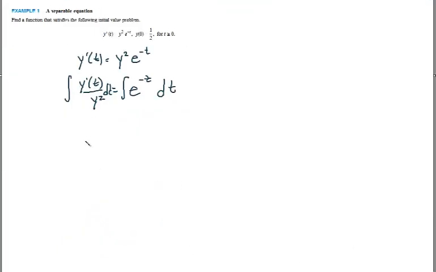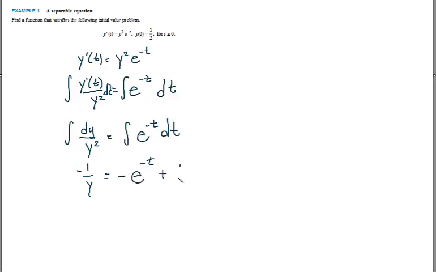I can now rewrite y prime dt as dy over y squared equals integral of e to the minus t dt. If I integrate the left hand side, I'm going to get negative 1 over y equals, and this integrating will be negative e to the minus t plus c.